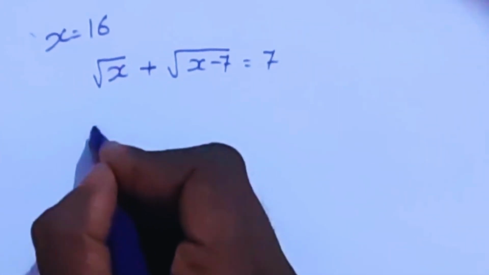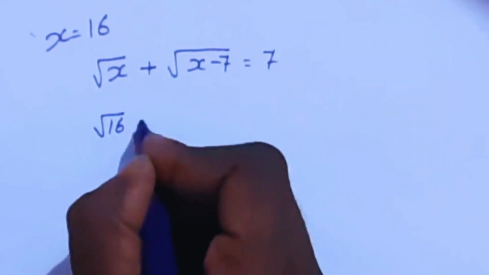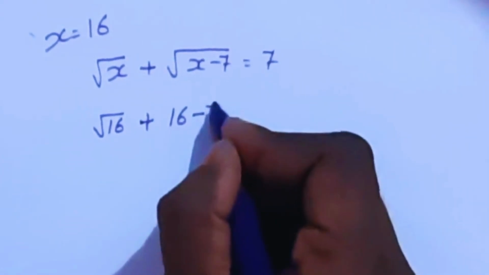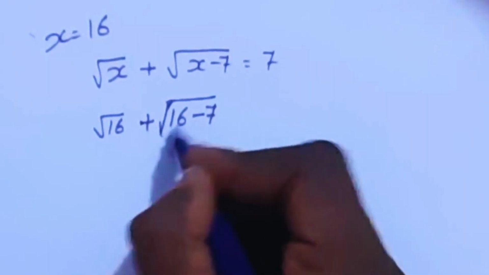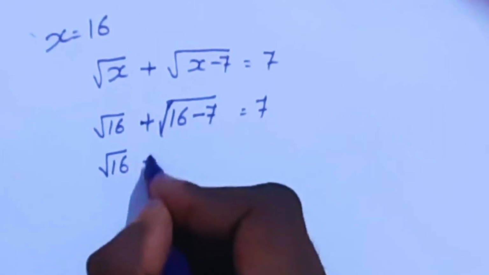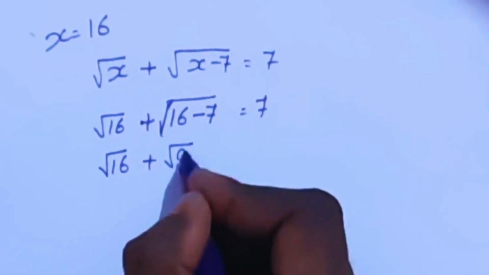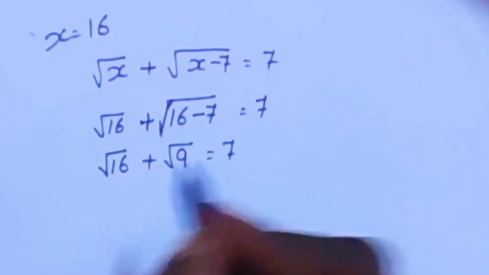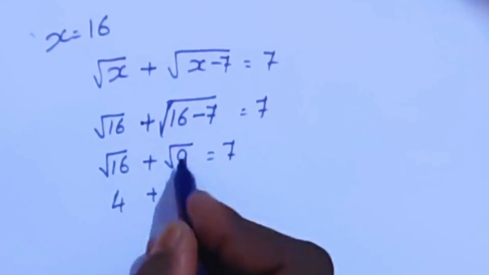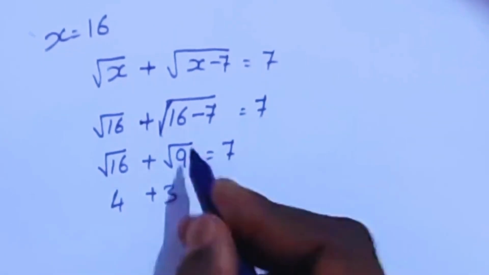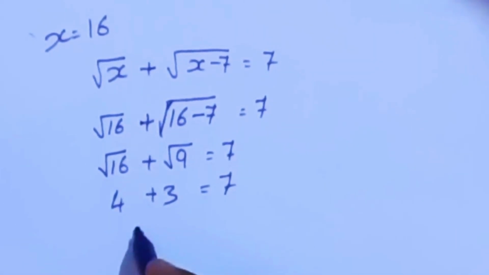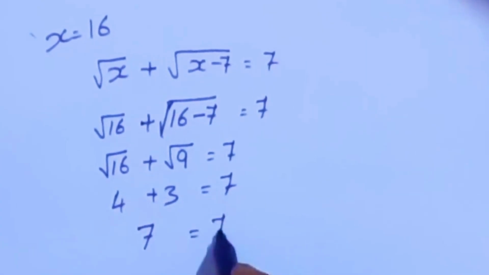So here square root of 16, applying x value here. So square root of 16 minus 7 equal to 7. Now square root of 16 plus this is square root of 9 equal to 7. This is 4, square root of 16, plus this is 3, square root of 9, equal to 7. So 4 plus 3 is 7 equal to 7.